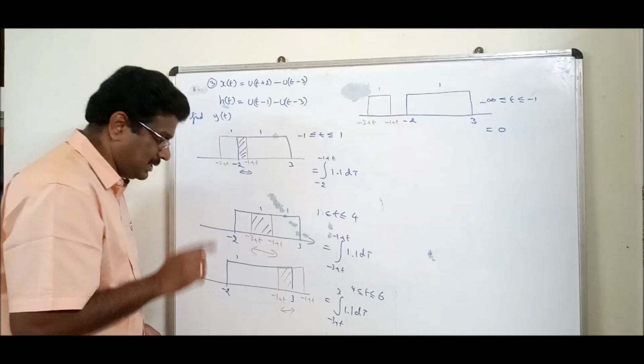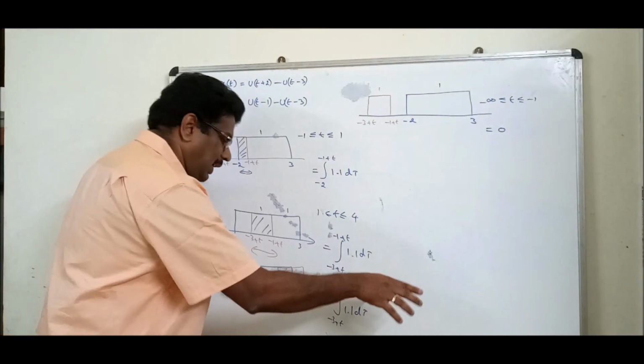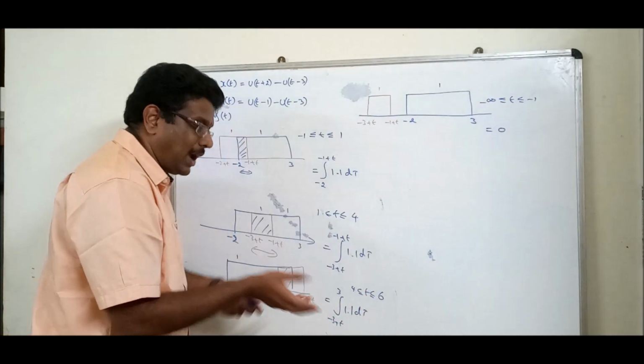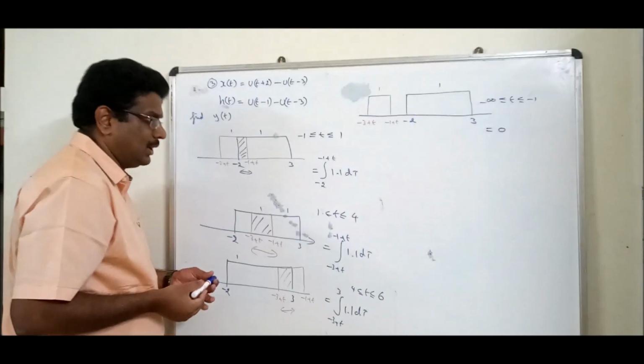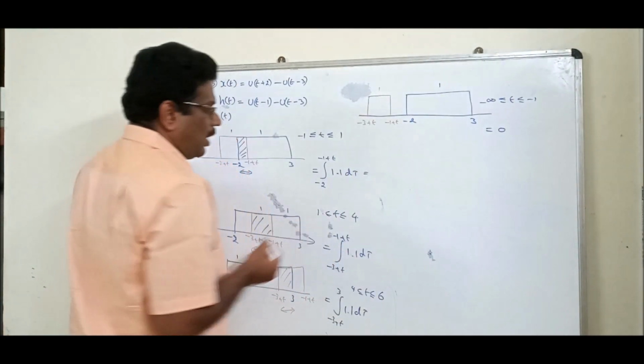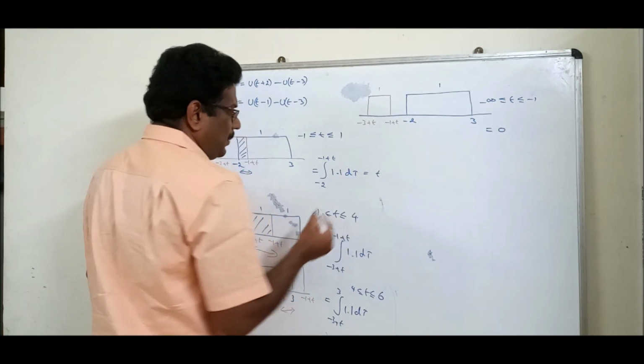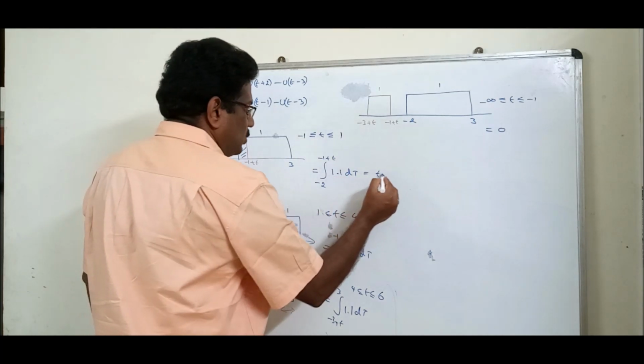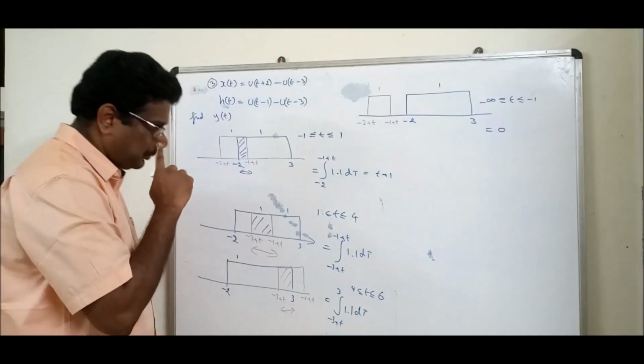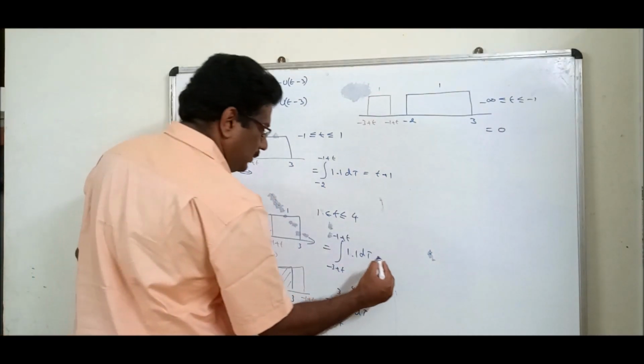Is the problem over? Yes, it is still there. If the red color signal is totally going outside, that is the 0 amplitude. Still one more work is there. Now if I integrate, what will be the result? Integration of d tau, upper limit minus lower limit, t minus, will it be plus 1? And what about here?